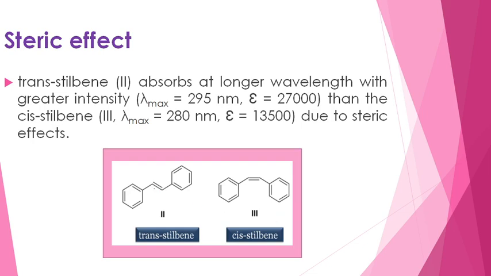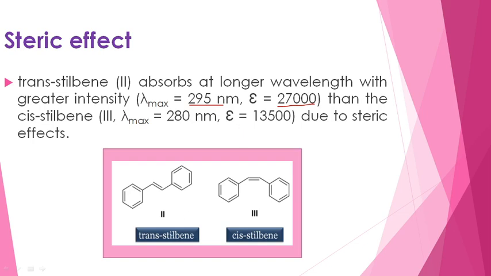Trans stilbene has two bulky groups far apart from each other, so they cannot influence the pi bonding electrons. That is why it gives lambda max at 295 nanometers with an intensity of 27,000 epsilon.